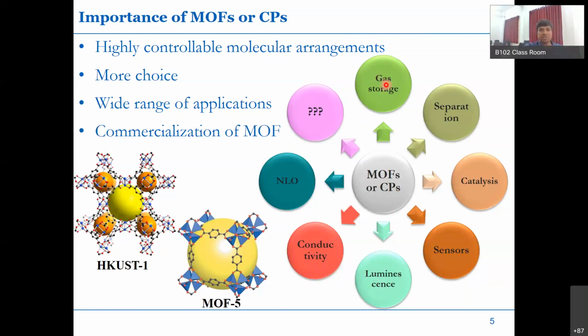Later it went to gas separation, followed by catalysis, and later it exploded into almost all research areas in recent years, where they have been taken into NLOs, and conductivity studies are the most dominant in current research. They are also well established in sensing applications as well as luminescence and even drug delivery, and there are n number of applications. Of course, there is still large scope to explore further.